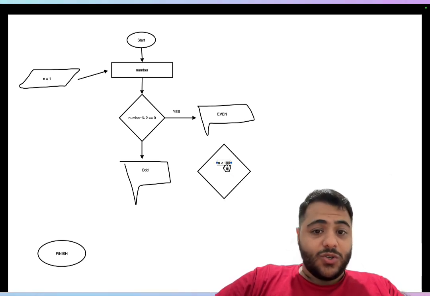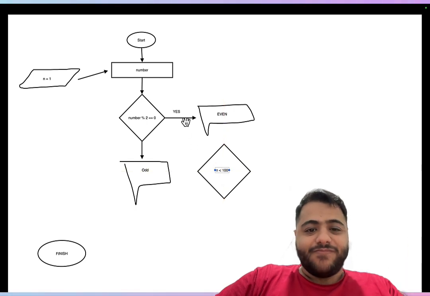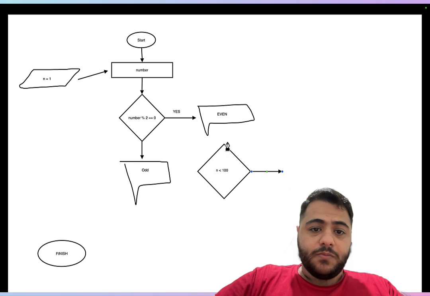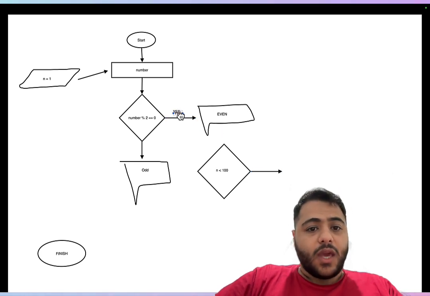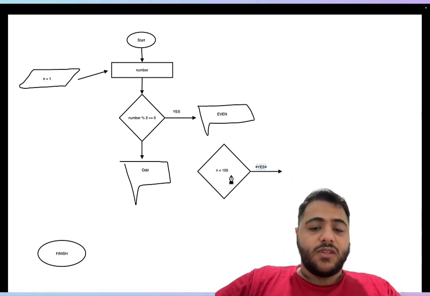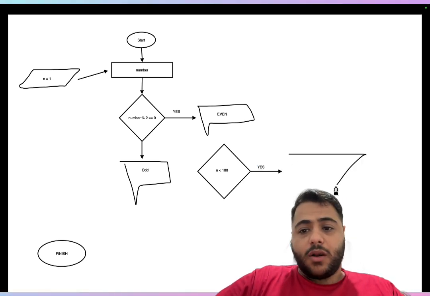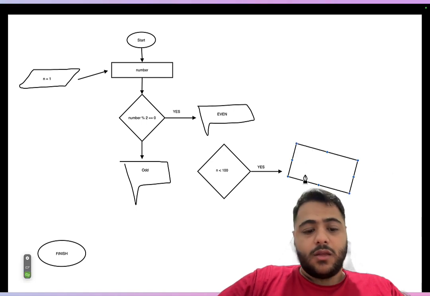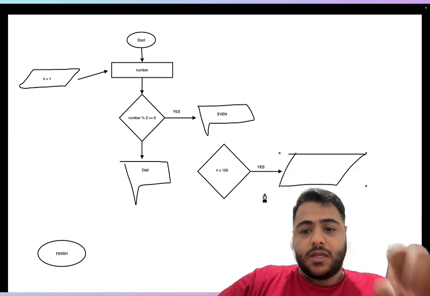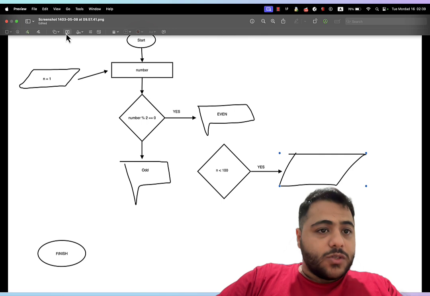I'm gonna show you in a moment. If it's true, we have to increase n and check it one more time. So if it is yes, we need a calculation, so a parallelogram again. Nope, that's not a rectangle.